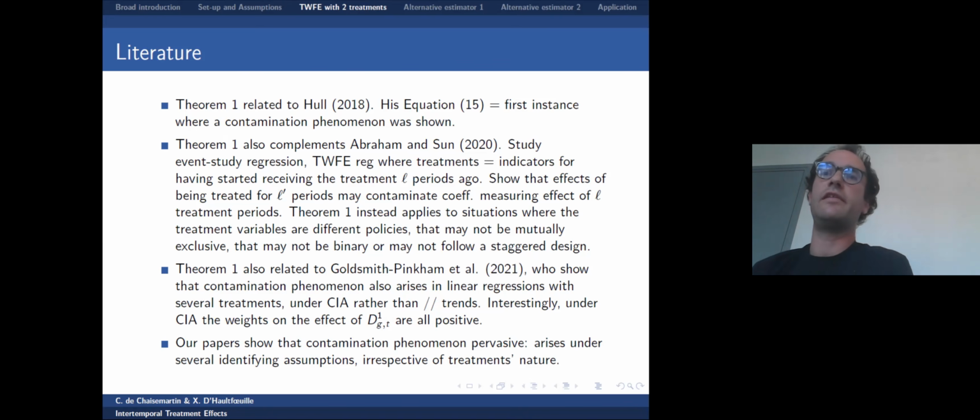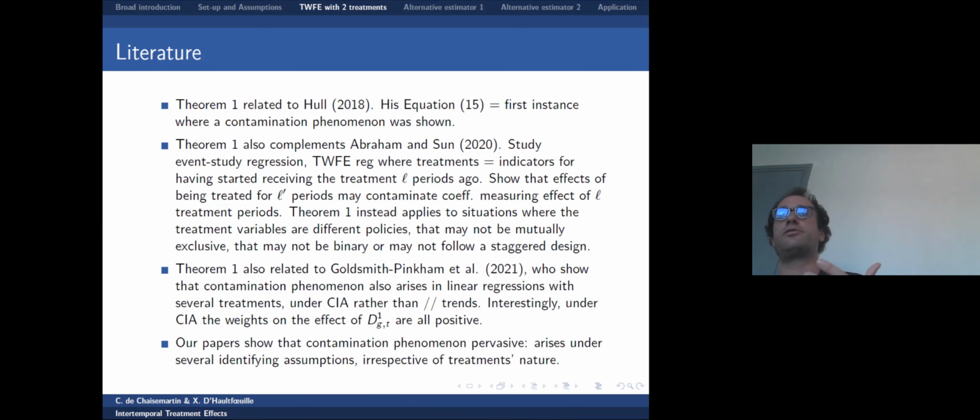Another related result is Abraham and Sun, who study event study regressions, which are a specific example of two-way fixed effects regressions with several treatments, where the several treatments are indicators for having started receiving the treatment l periods ago. And they show that the effects of being treated for l prime periods could contaminate the coefficient measuring the effect of l treatment periods. So our result is related to that.